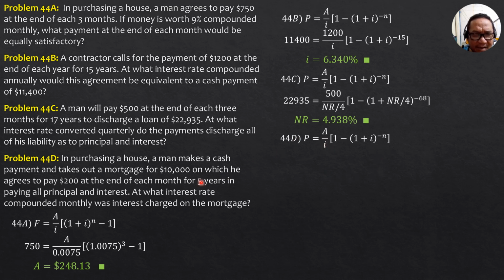P is $10,000, A is $200, i is NR over 12, n is 12 times 5, so 60. Substituting: 10,000 equals 200 over NR over 12, quantity 1 minus quantity 1 plus NR over 12 to the negative 60. Solving for NR with your high-tech calculator, it is 7.420% compounded monthly.